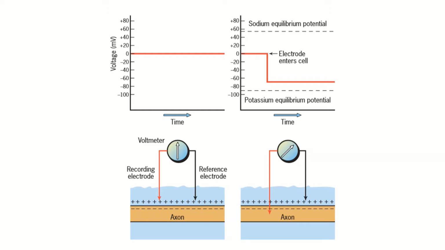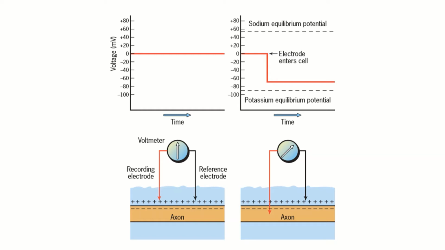But once you insert one of the terminals of the voltmeter into the cell, meaning that particular probe is now touching the inner side of the cell membrane, as shown here by the red probe on the right, notice how the voltage signal, as shown in the graph on top, dramatically decreases when that electrode is poked through into the negative side of the cell membrane.